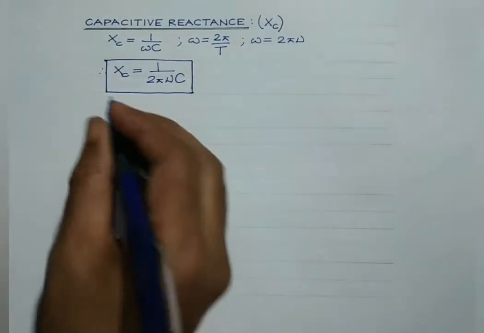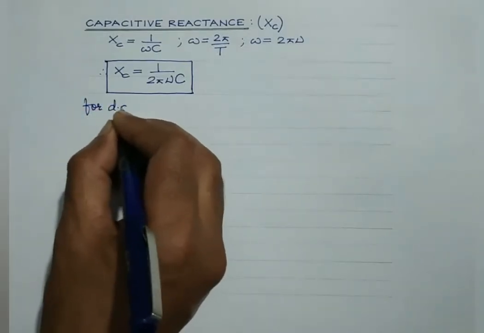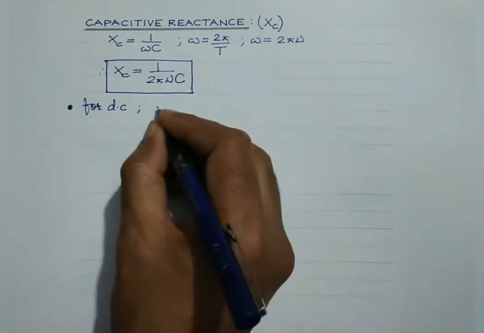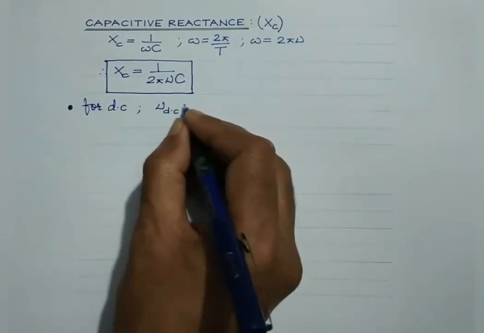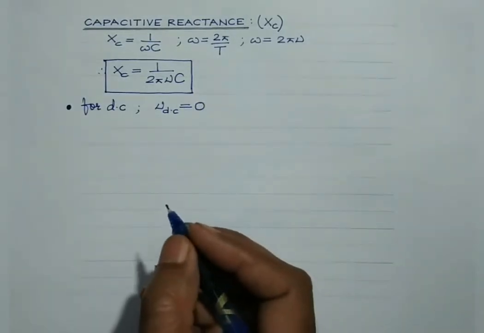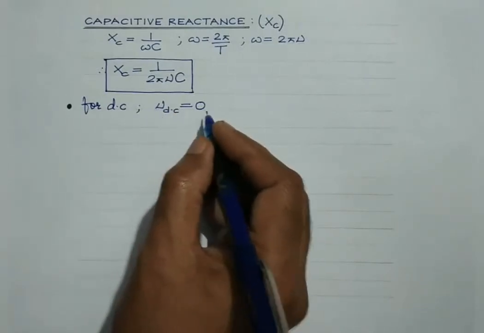Now let's discuss its special case for DC. For DC we are aware the frequency is 0, right? DC is the direct current or the steady current which doesn't vary with time. So its frequency is 0.